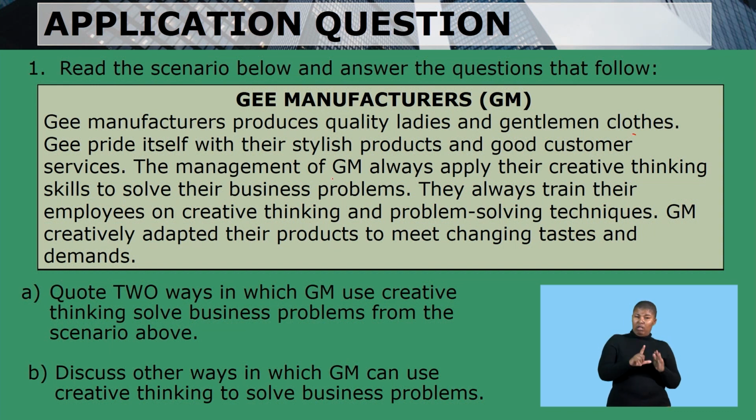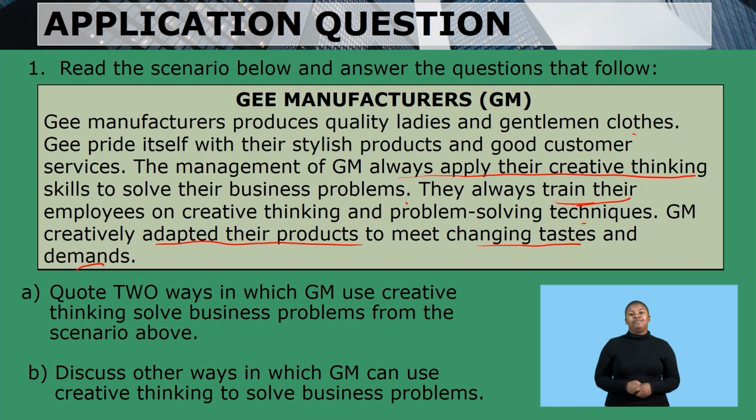The management of GM always apply their creative thinking skills to solve their business problems. They always train their employees on creative thinking and problem-solving techniques. GM creatively adapted their products to meet the changing tastes and the demands. So that is our scenario.